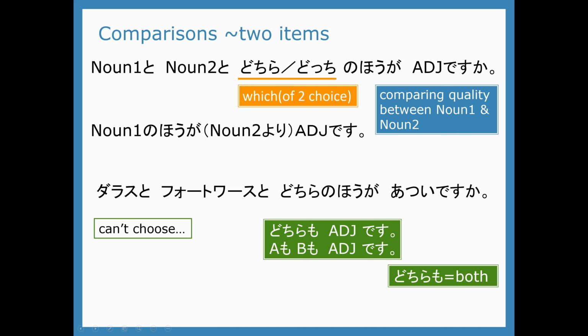If they're about the same, we can say どちらも adjective です. Or A も B も adjective です. So, ダラスとフォートワースとどちらの方が暑いですか? I can say どちらも暑いです. Or ダラスもフォートワースも暑いです.